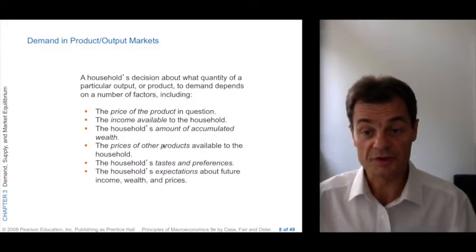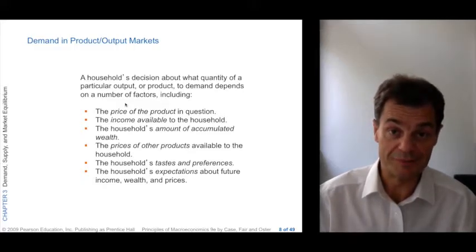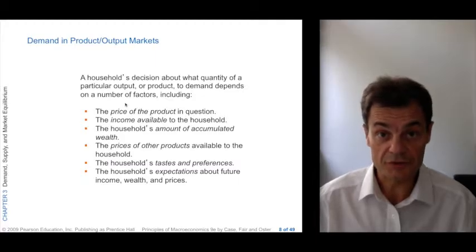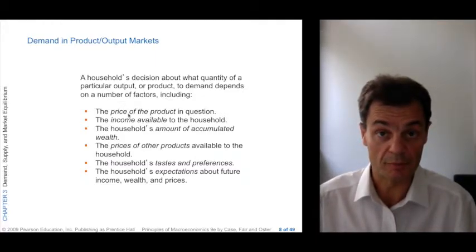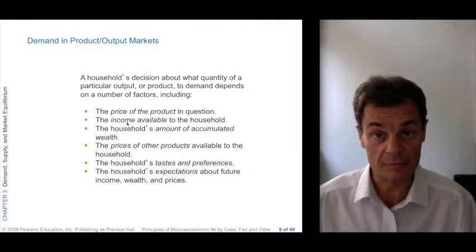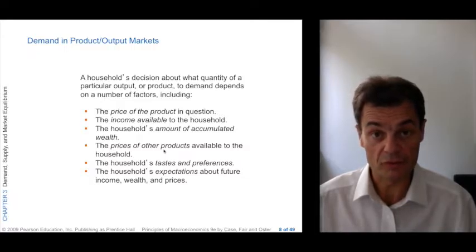A household's decision about what quantity of a particular output or product it wishes to demand or to buy is determined by a certain number of factors. The price of the product is of course a primary component in the decision, but there are other factors such as the income available to the household, the household's amount of accumulated wealth, and the price of other products available to the household.